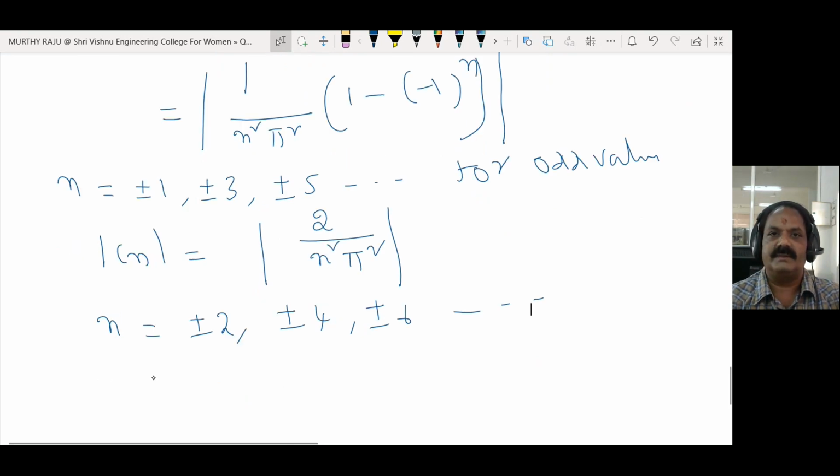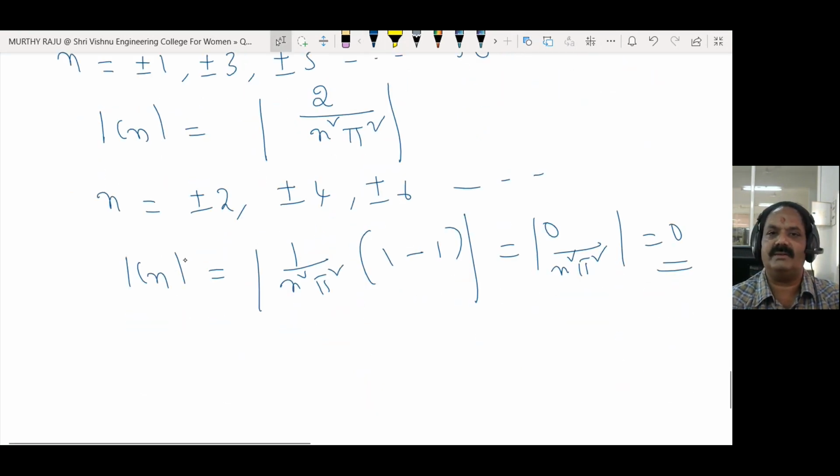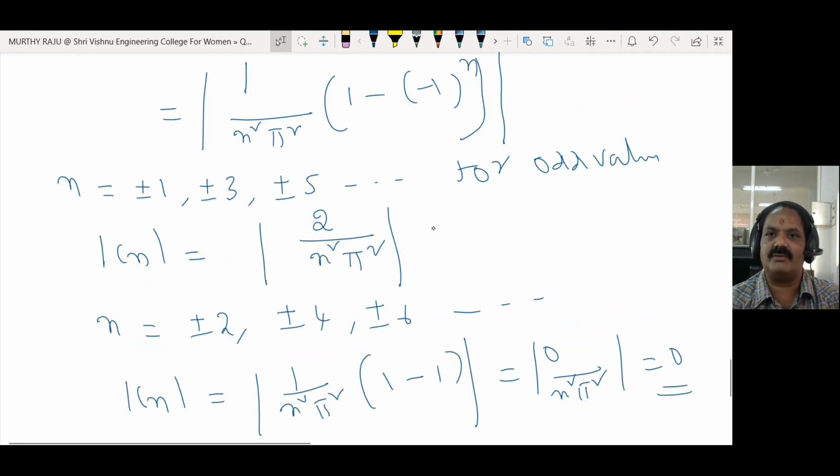Therefore, Cn is equal to 1 by n square pi square, 1 minus 1 whole power, whole square means 1, that is 1 minus 1, 0. 0 by something is 0. For even values, the Cn is 0. For odd values, suppose n is equal to 1.